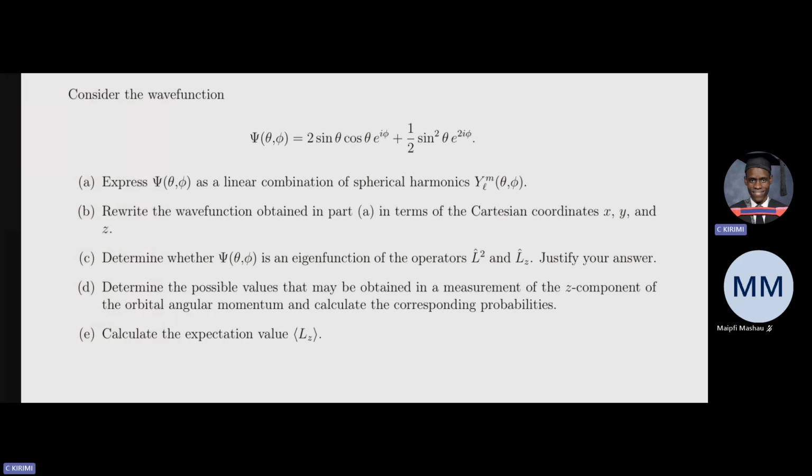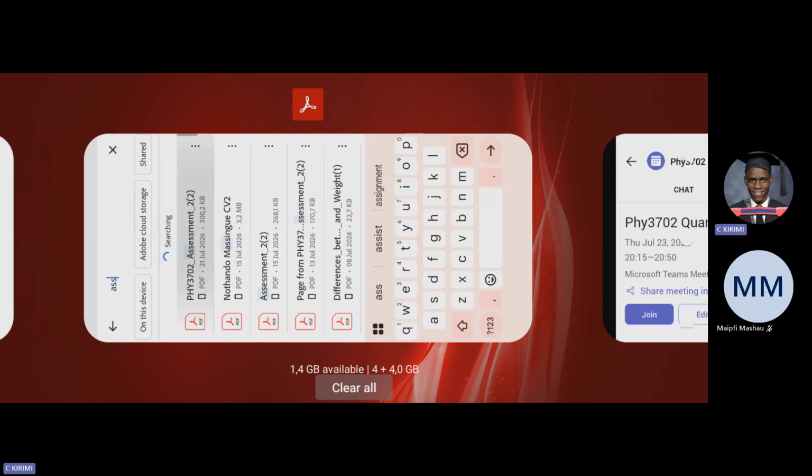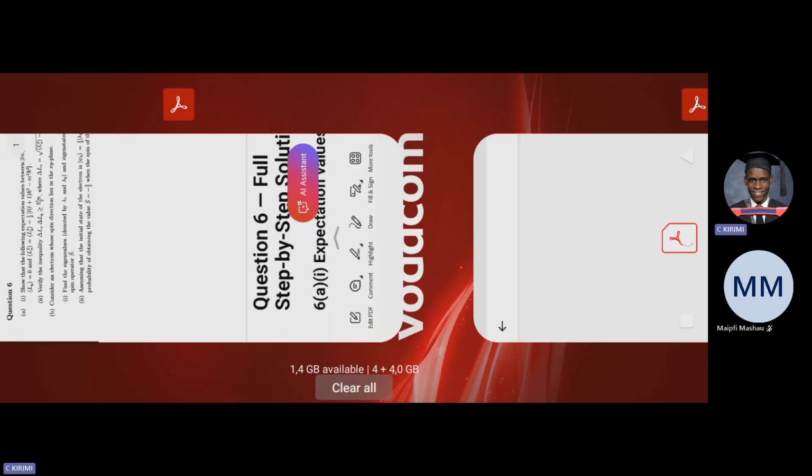So we must define this spherical harmonics in spherical coordinates, which is r, theta, and phi. So what do we mean by this? If it's a spherical harmonics, we are writing that psi in terms of r, theta, and phi, for example, like this. So the keywords of spherical harmonics, you must take note of it.